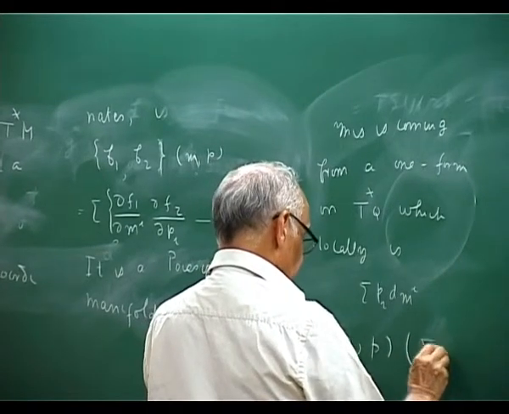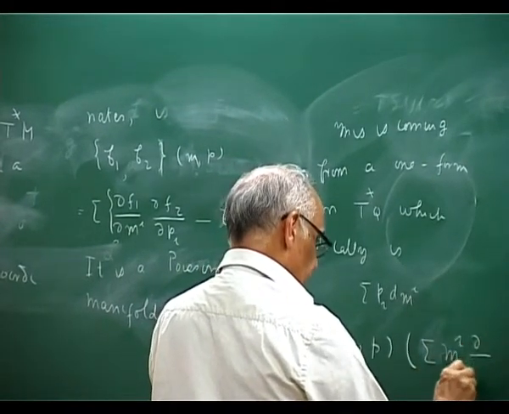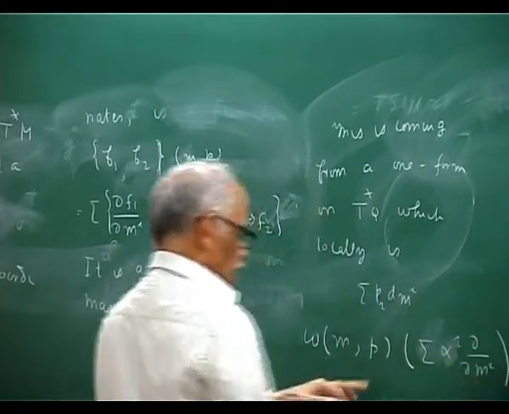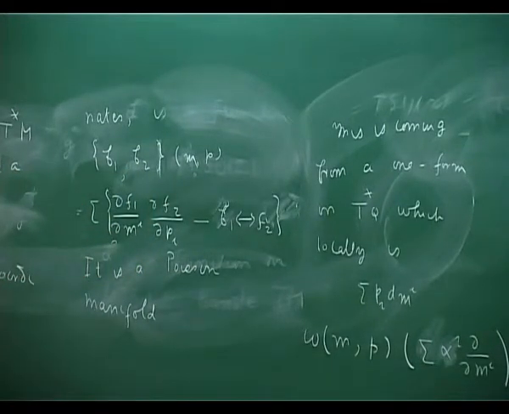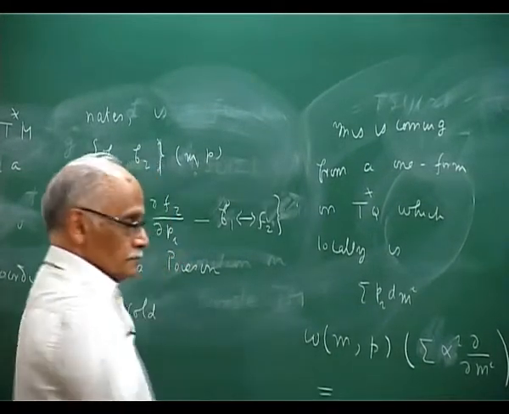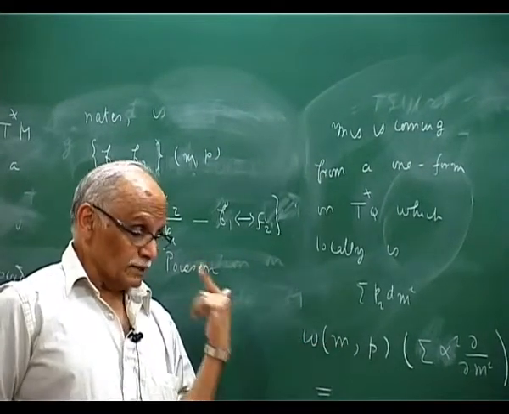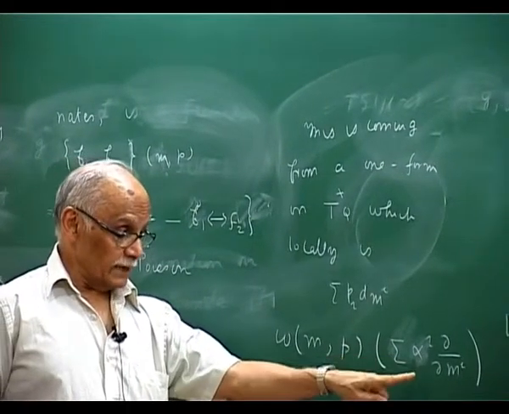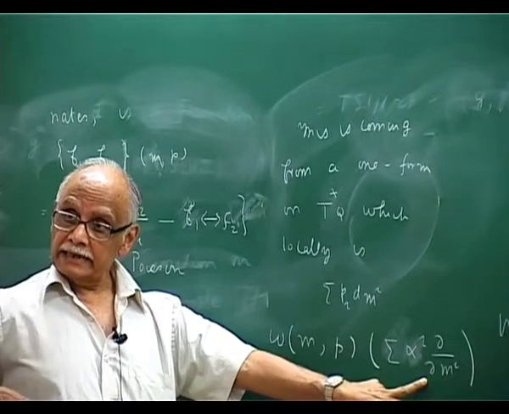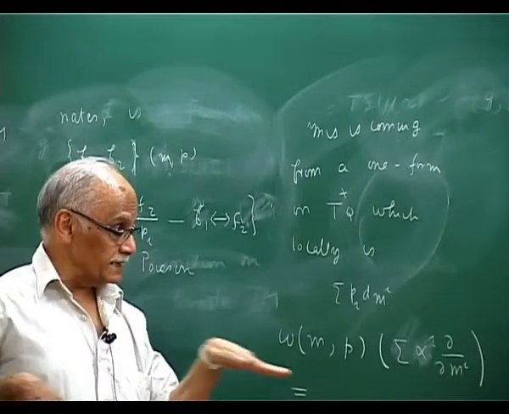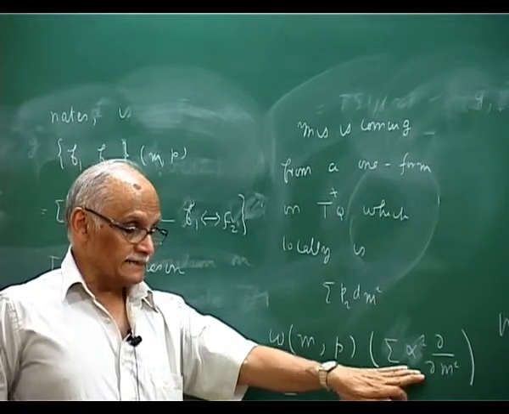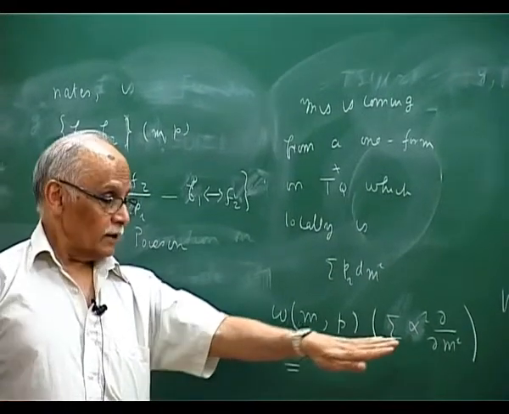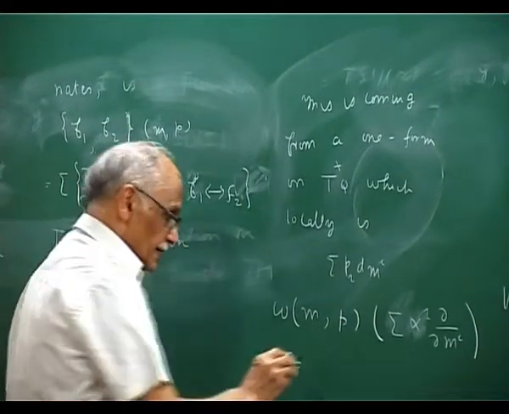If I take a vector field with coordinates alpha i d over dmi, the rule is that you apply p on this and you write this as pi alpha i.